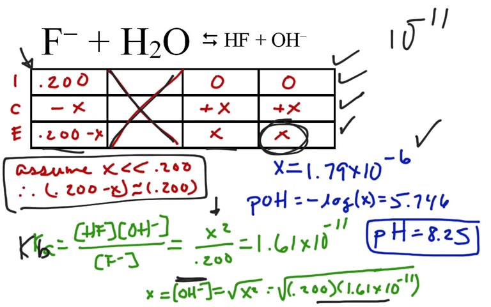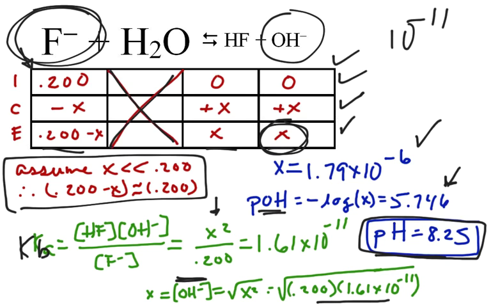I take the negative log of that, and that will be my pOH. Since this is my OH minus concentration, that value is my pOH. And I get 5.746. I subtract from 14 to get the pH. And my final answer is my pH is 8.25, which makes sense because this is the conjugate base of the weak acid HF, so I should get a pH greater than 7.